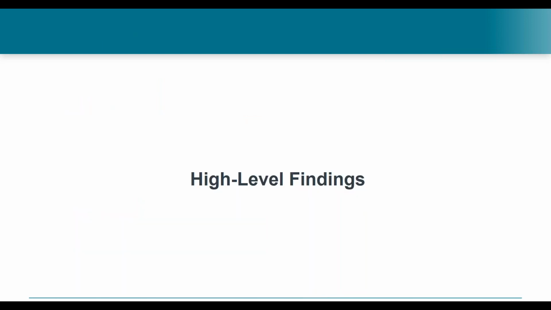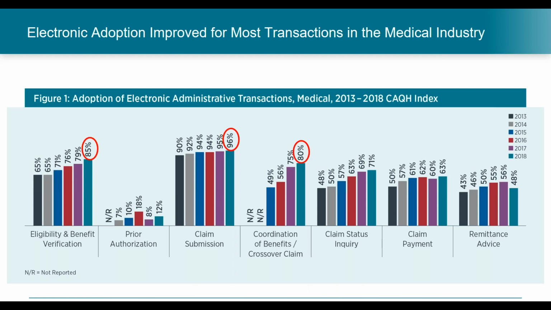Next few slides, we're going to present the high-level findings related to adoption, volume, and savings opportunity. Looking at the medical industry, we see that adoption increased for all transactions with the exception of remittance advice, which saw an 8% decrease in adoption. Conversely, portal use for this transaction increased by 7%, and this is the only transaction to see an increase in portal use.